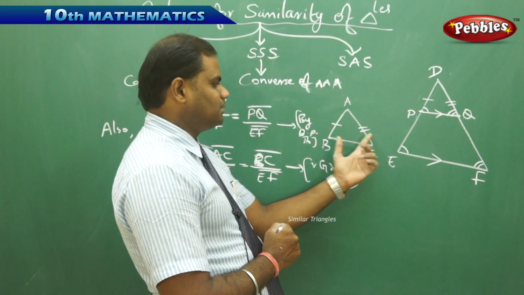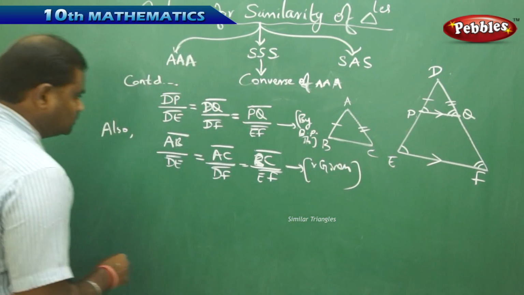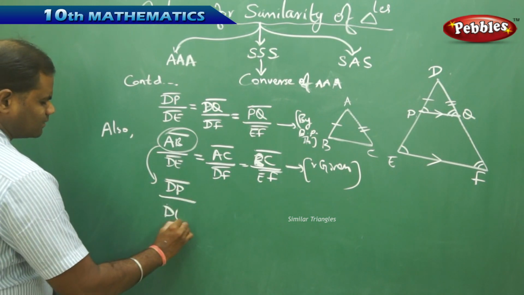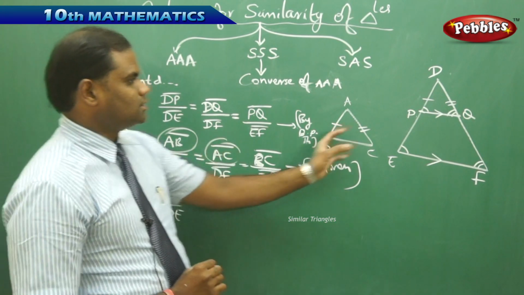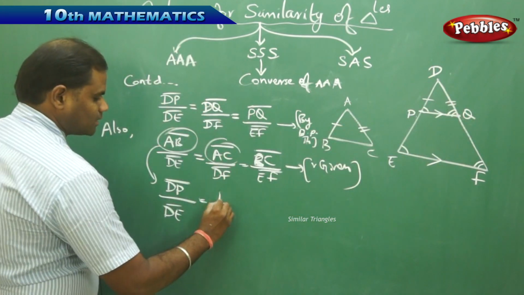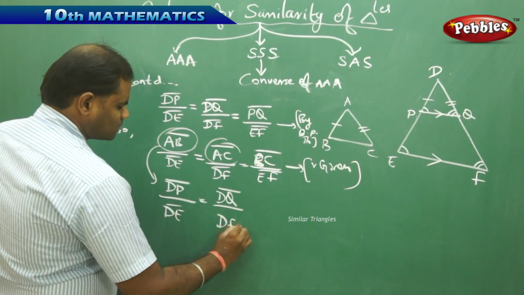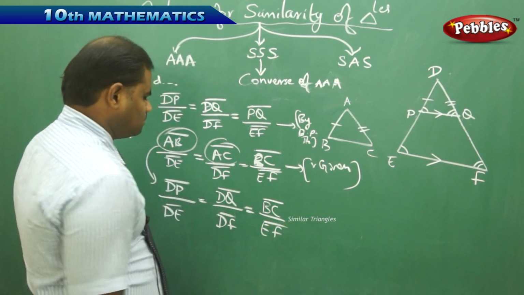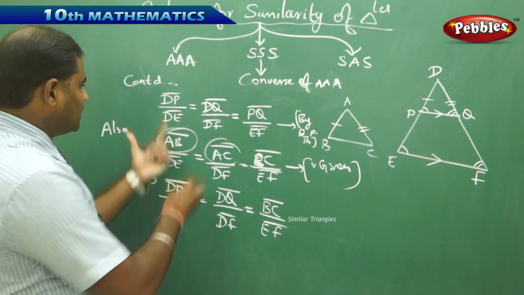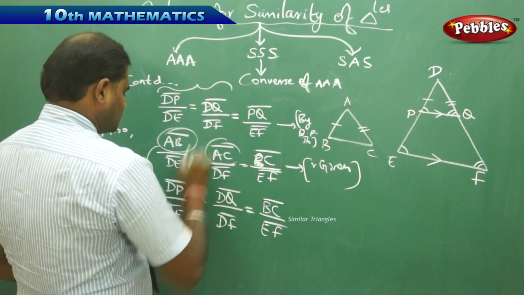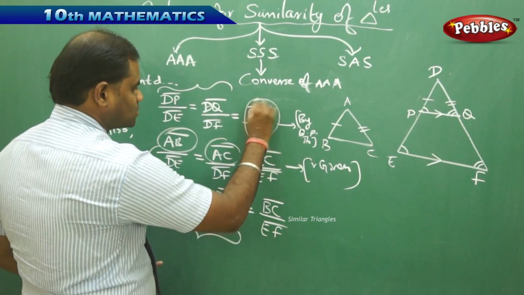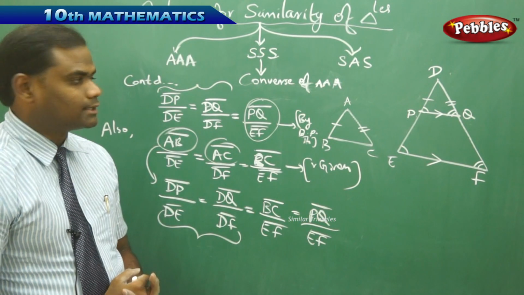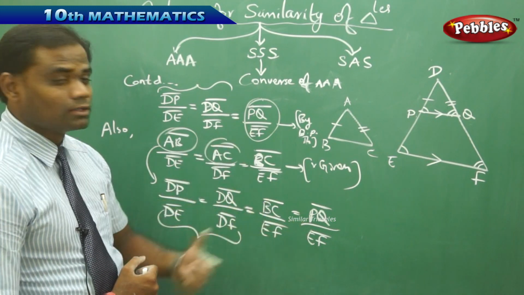Now, as I have AB equals DP, I can substitute this AB as DP by DE, and AC is equal to DQ. Therefore, in place of AC, I substitute DQ by DF, which becomes BC by EF. But here, because DP by DE and DQ by DF is nothing but this, therefore this can be substituted for PQ by EF, is what I get in the case of these two ratios.